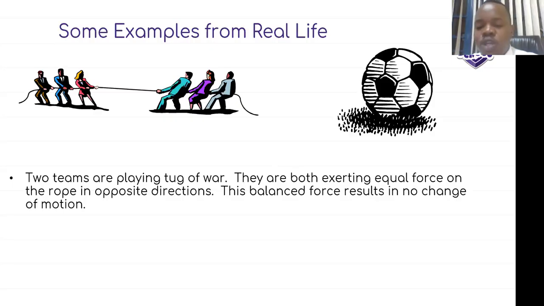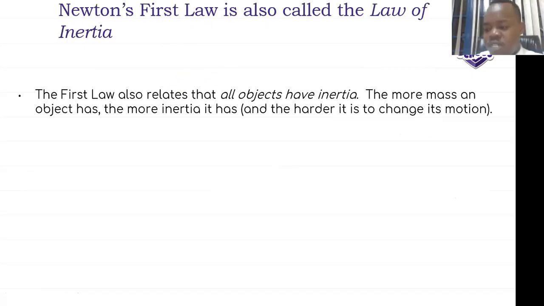Then we know that if this applied force is greater than the net force acting on the object, which is the ball in this case, then this particular ball will accelerate because it has a net force. And hence it says, when a net force acts on an object, then that object will no longer remain at rest, just like the ball was in the initial stage before it was kicked.